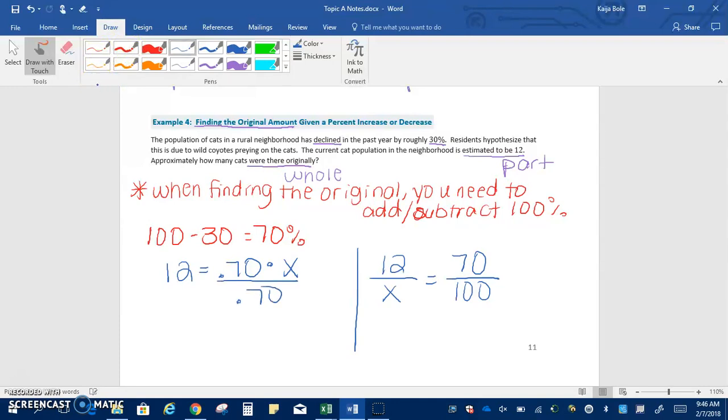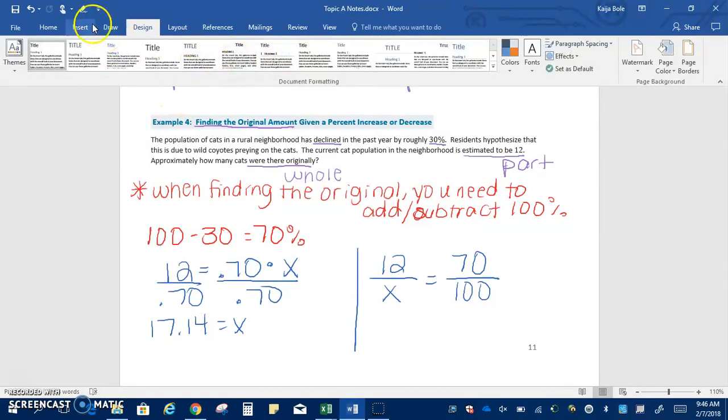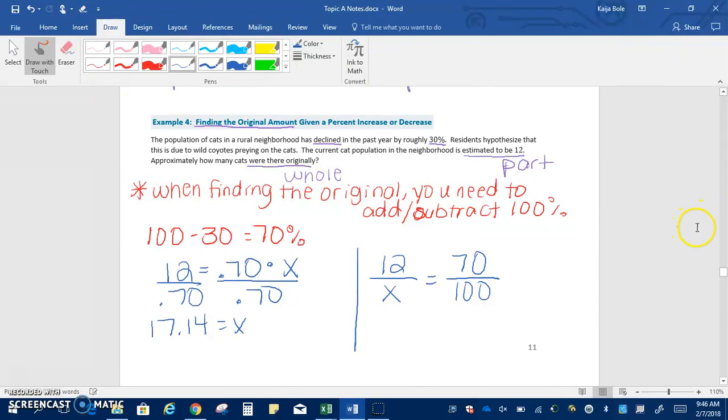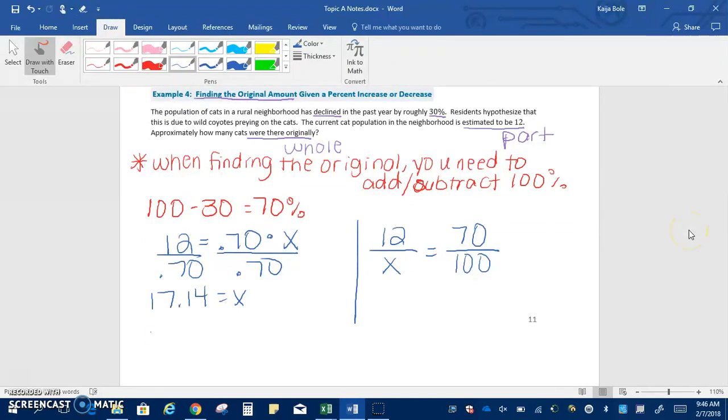Divide by 0.70. And we get 17.14 equals x. Of course, we can't have 17.14 cats. So we're going to have to round it down. And we would say that there were about 17 cats originally.